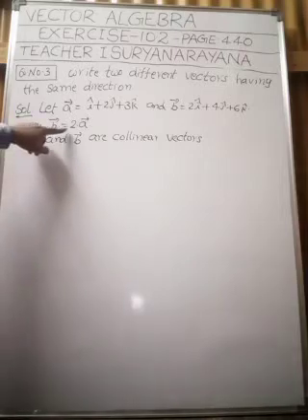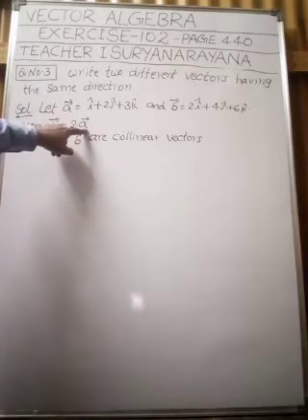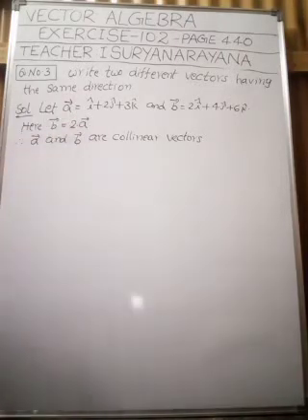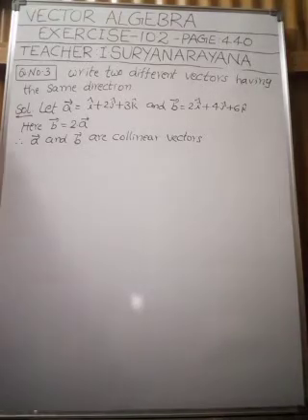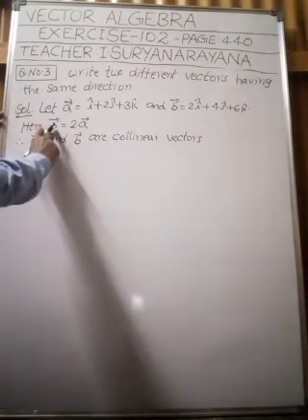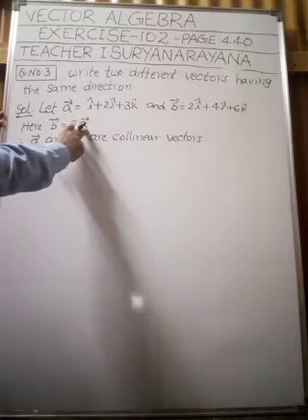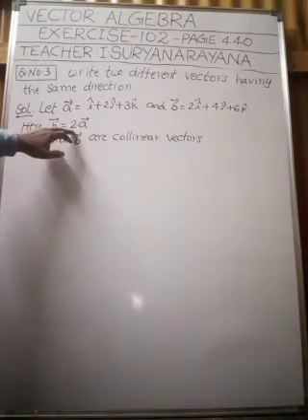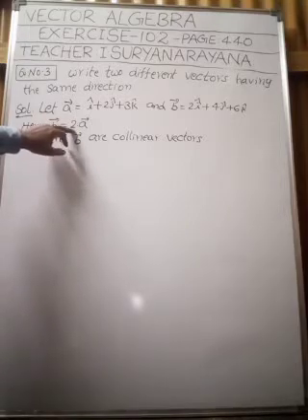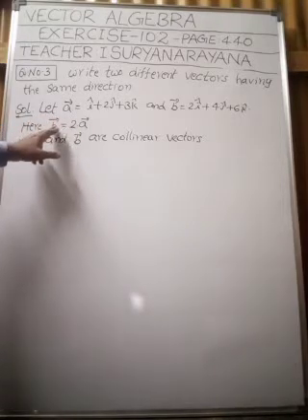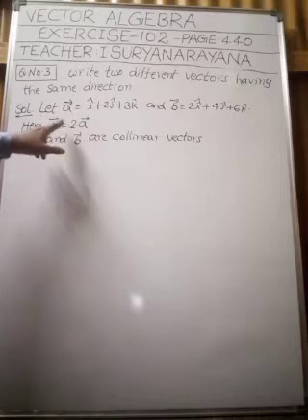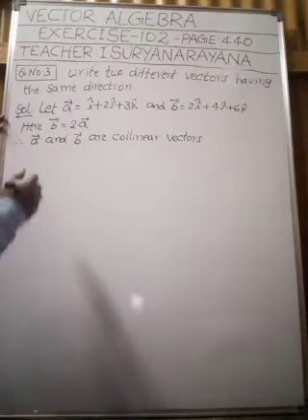If a vector is equal to some constant into another vector, then the two vectors are said to be collinear vectors. Then the direction of B bar is the same that of A bar, because here we have taken a positive number. Okay, my children, if you have taken a negative number, then we get the direction of the vector B bar opposite to that of A bar. Okay, my children.